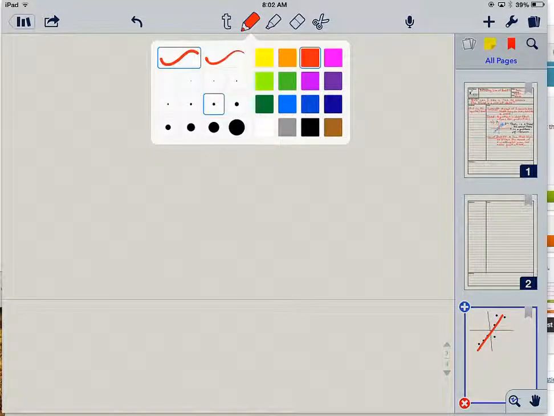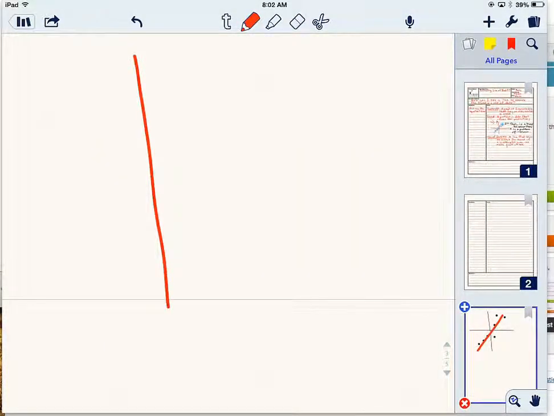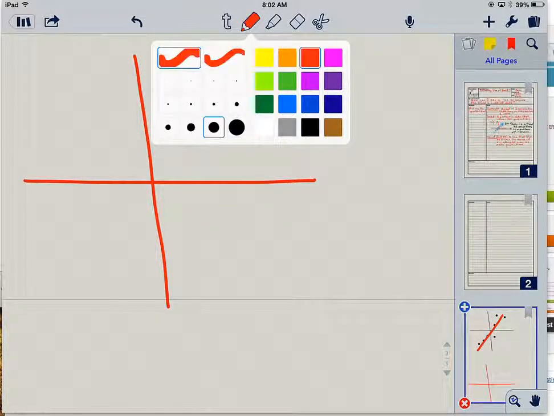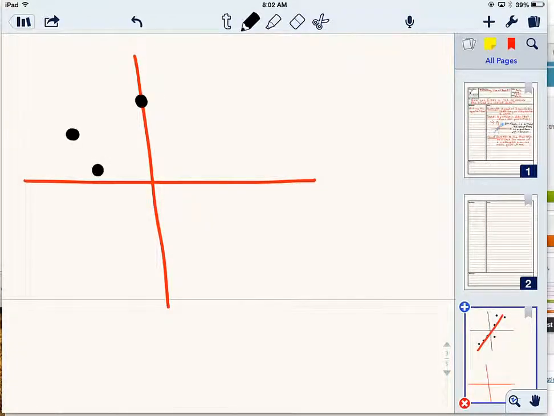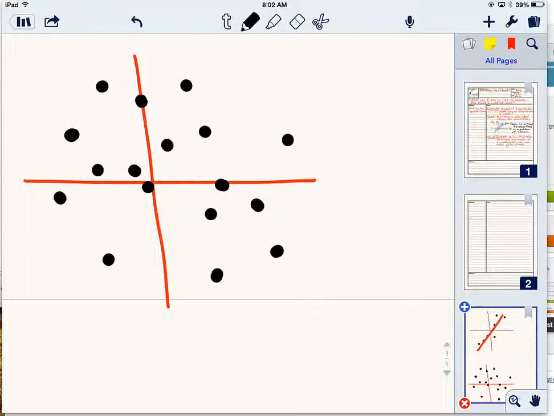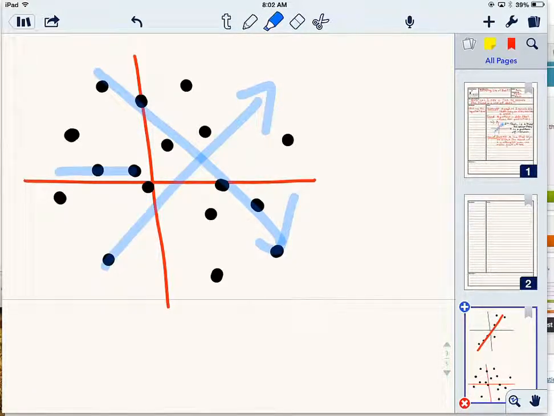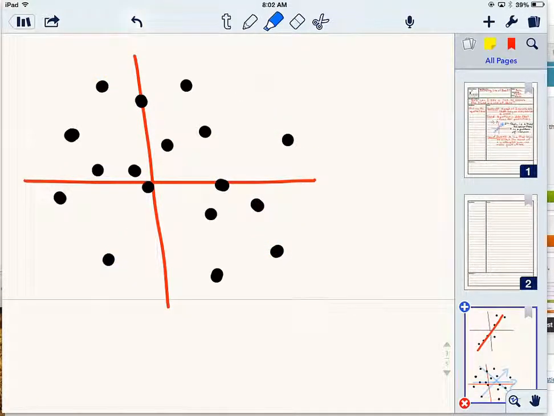If I look at a set of data, this is an example in which no trend is really identifiable. The reason is that I can't tell if this data is moving upwards, downwards, or straight across. Because I can't tell that, I would say that no line really fits this data well.